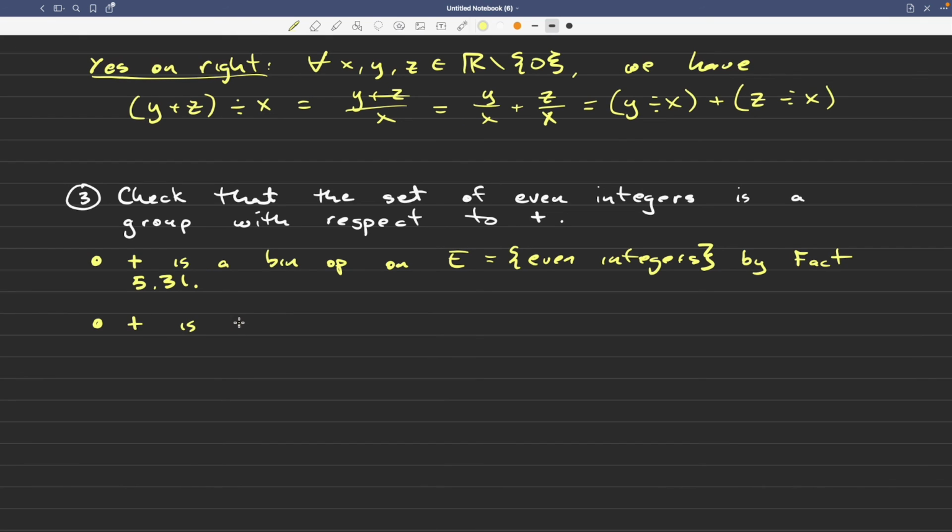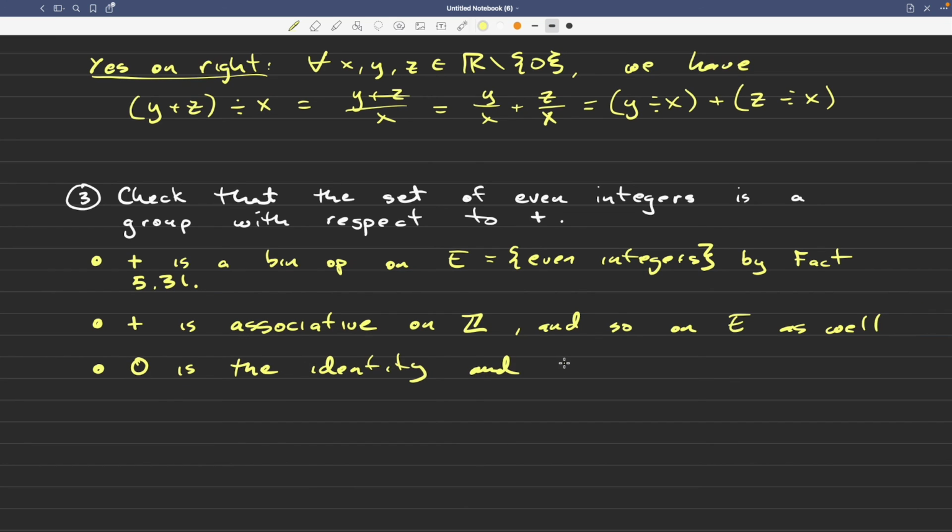Addition is associative. It's associative on all of the integers, and so on E as well, because E is a subset of the integers. 0 is the identity, and 0 is an element of E, since 0 is an even number. So you have to have associativity, the existence of an identity, and the last thing you need is that every element has an inverse.